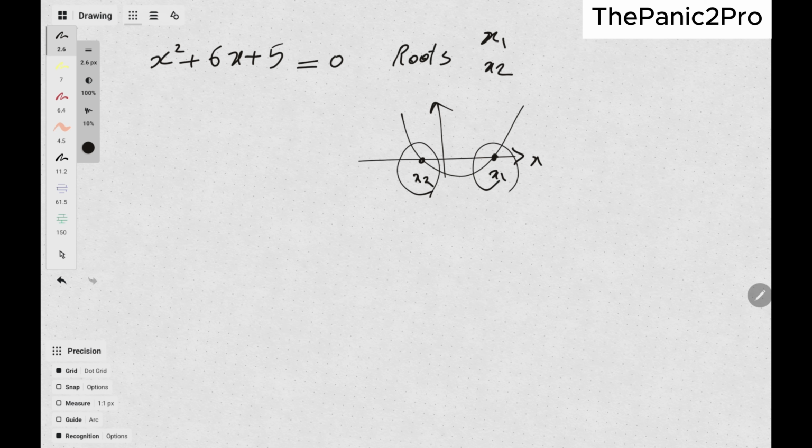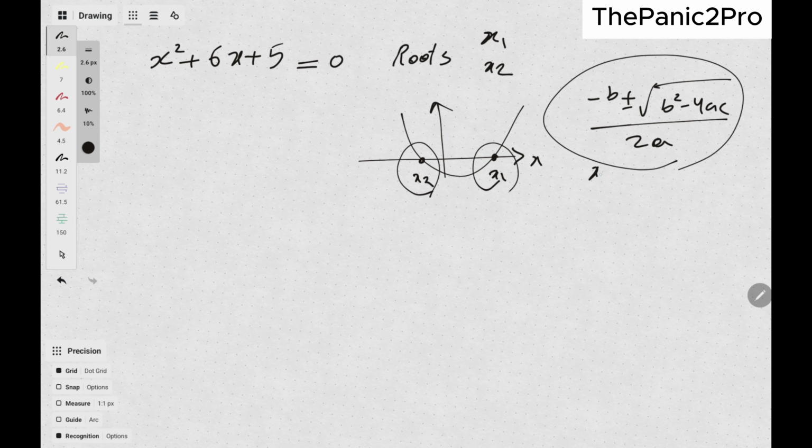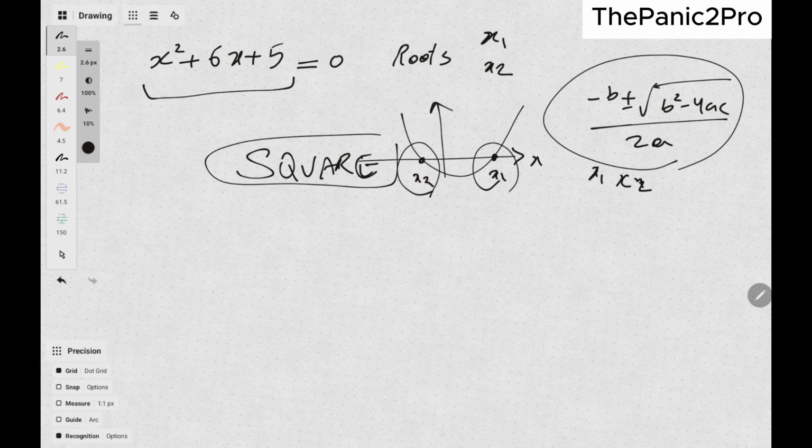That was one way. The other way was using this formula to get to x1 and x2. But there could potentially be another easy way to get the roots of this equation, and that's how we can make a square format of the quadratic equation. That's something that I'm going to show you how it can be helpful.